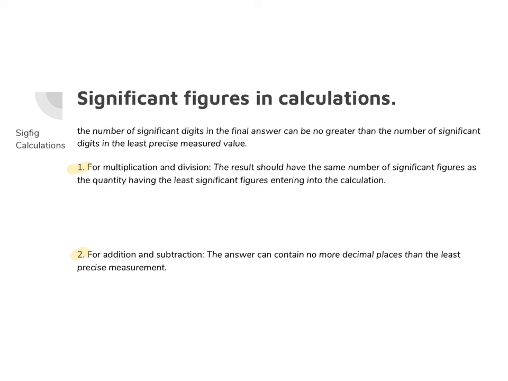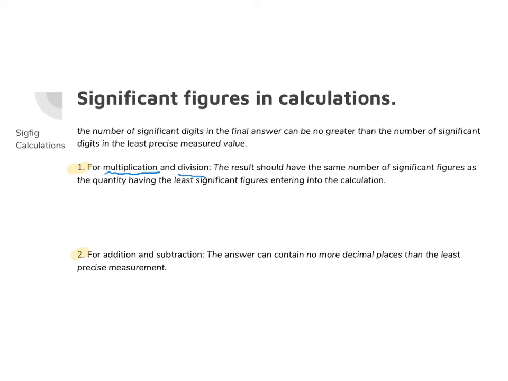For multiplication and division, the result should have the same number of significant figures as the quantity having the least significant figures entering into the calculation.